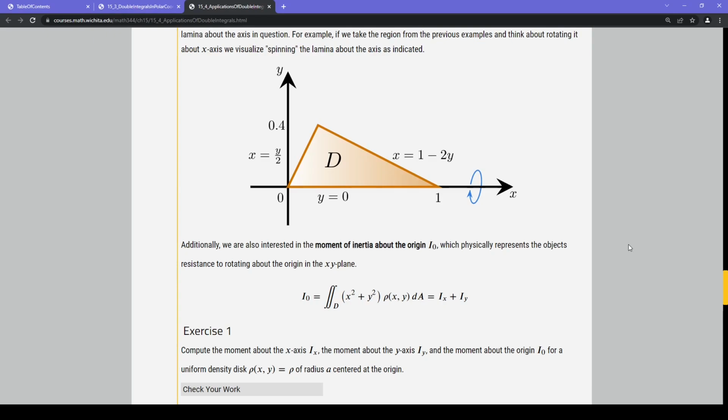Okay. It's the rotational difficulty of rotating it in the XY plane. So if I were trying to rotate this way, like spin the region D so that it remained flat, that's this.